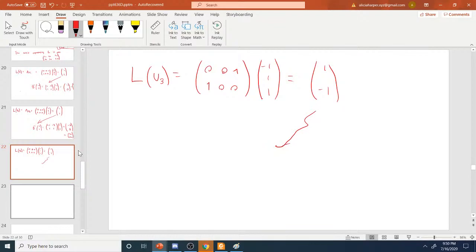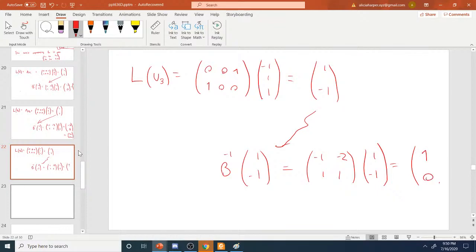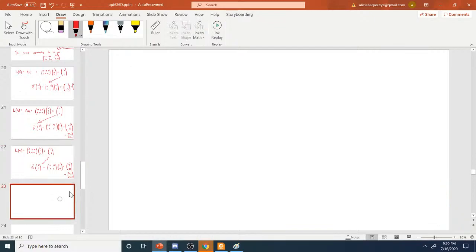So I go back over here and multiply this by B inverse. This is the same thing as negative 1, negative 2, 1, 1, multiplied by 1, negative 1, which gives me positive 1 here and 0 here. And so this gives me C13 and C23.